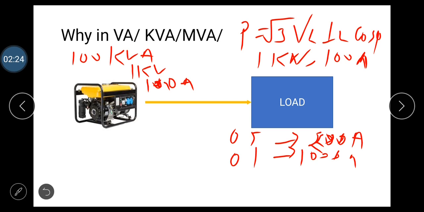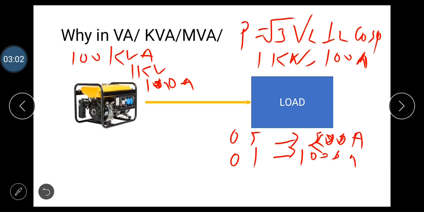When the alternator is manufactured, two things are considered for the voltage and current rating. The first thing is insulation, which is directly proportional to the voltage. This alternator is designed to have a 1 kV insulation rating, and if the voltage is more than 1 kV, there is definitely going to be damage.